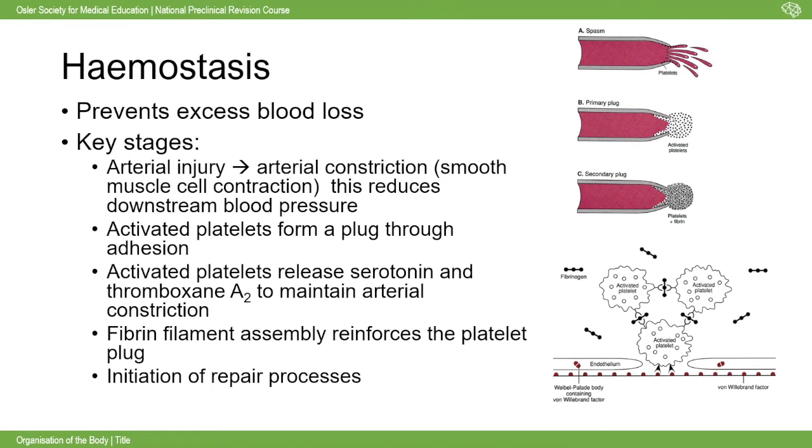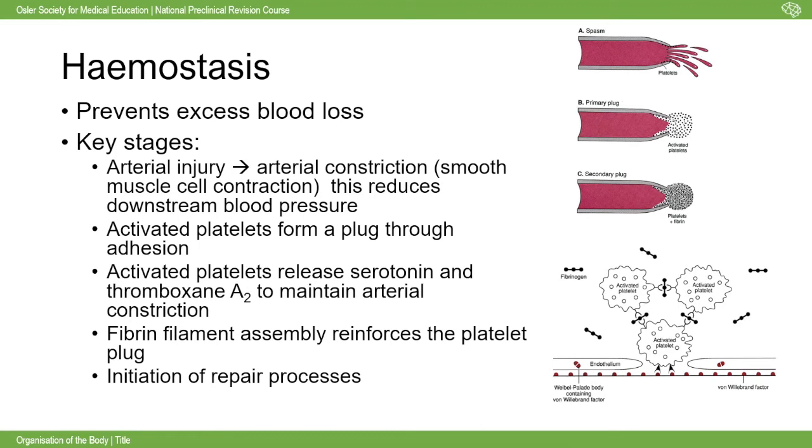So once you have that constriction, you then have activated platelets. These platelets are going to be activated, as I've shown in the diagram on the bottom, through interaction with von Willebrand factor. This is actually secreted by the basement membrane. But because your endothelium is normally covering the basement membrane, you would never normally have interactions of platelets with these factors.